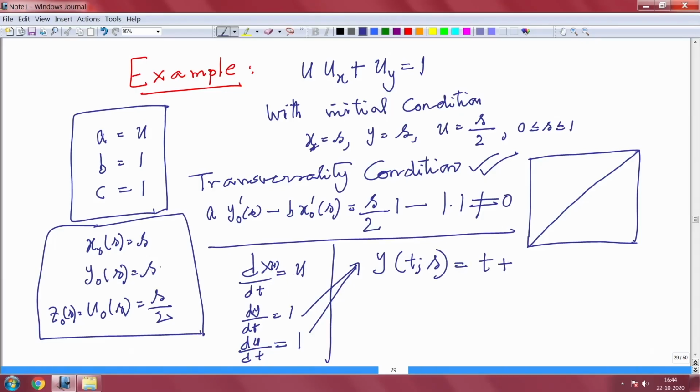So, that is equal to s. So, you will get s here, and then you will get u(t,s), or z(t,s), is equal to, again here you will get t plus, then the constant is s by 2. So, you get s by 2.